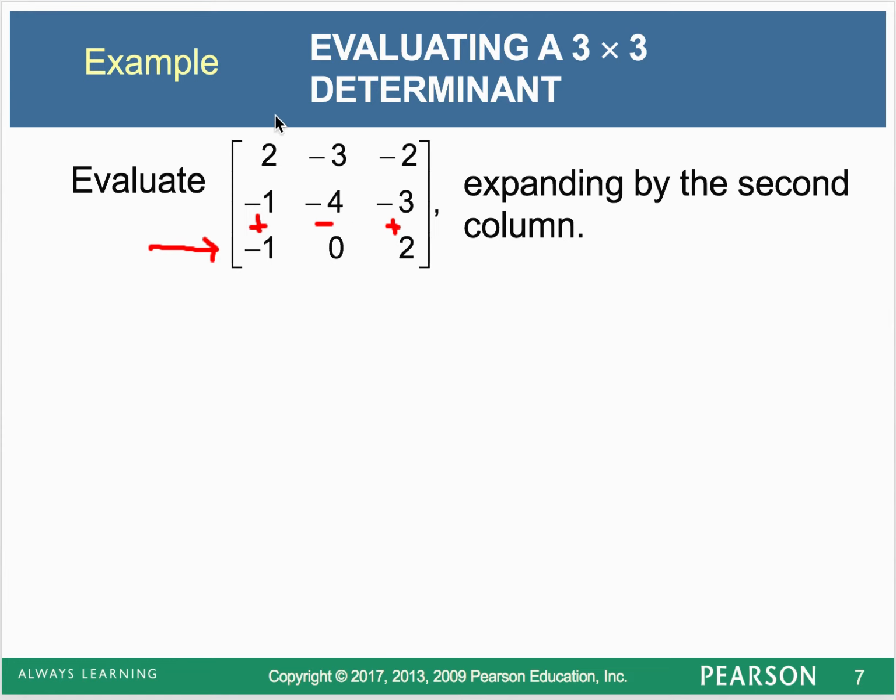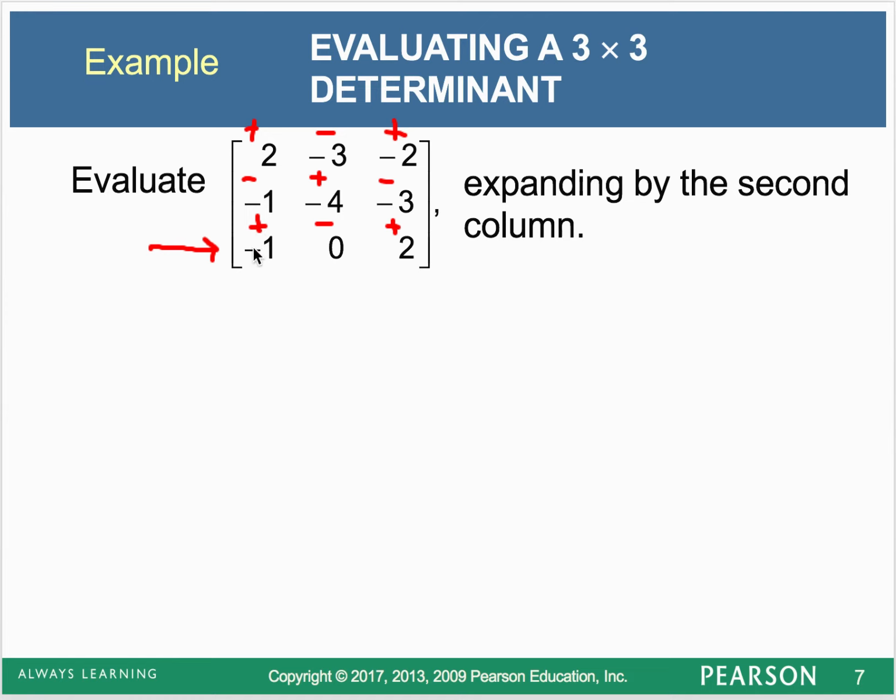Now notice I didn't do these up here. I could have done these up here, and maybe this time I will, just to show, but it gets confusing if I have too much stuff going on. But here's what I want to know: plus, minus, plus, minus, plus, minus, plus, minus, plus. I'm going to go across this row, meaning I'm going to take this value here, right, and use this sign.